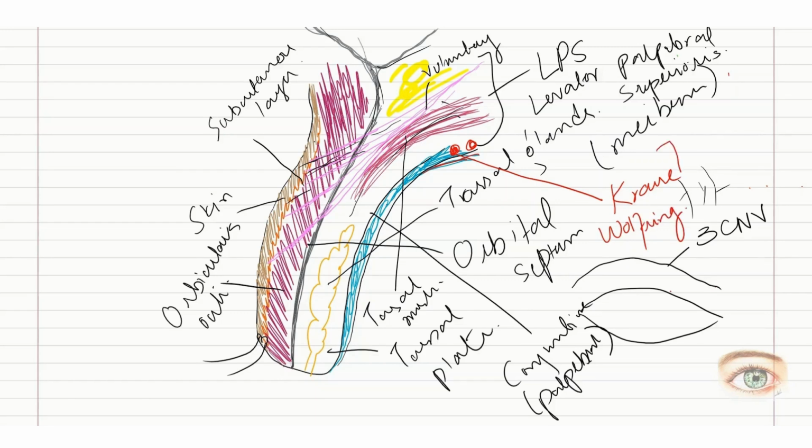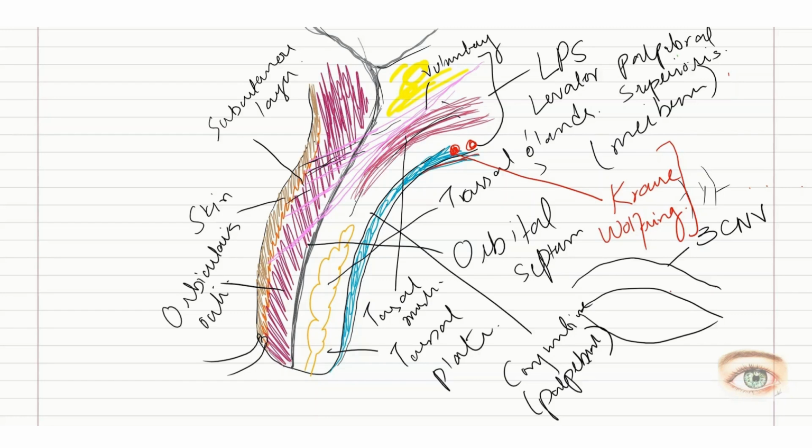Now, these accessory lacrimal glands are the ones which are producing the aqueous layer of the tear film. Yes, then you may have this question in your mind that what is this lacrimal gland doing? Actually, lacrimal gland only has the sympathetic innervation. Even if it does have its parasympathetic innervation, it is not quite clear yet. So this lacrimal gland is only responsible for the reflex tearing, right?